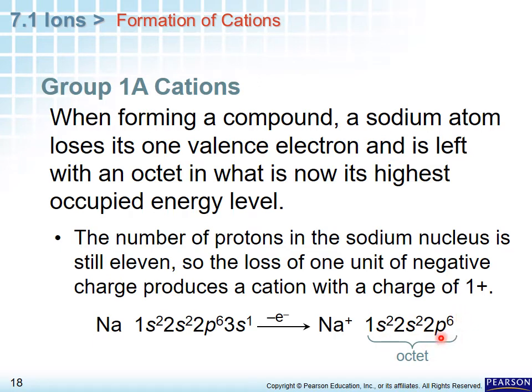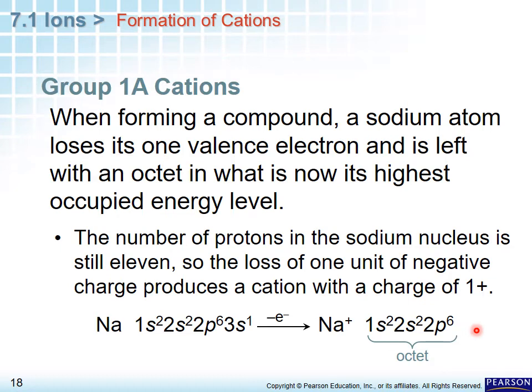That's why it's called an octet. So it completes the octet, means the outermost shell has 8 electrons. By losing one electron it becomes a sodium ion. So the sodium ion has the octet. And by the way, I'm going to ask you which noble gas configuration sodium achieved after losing one electron.